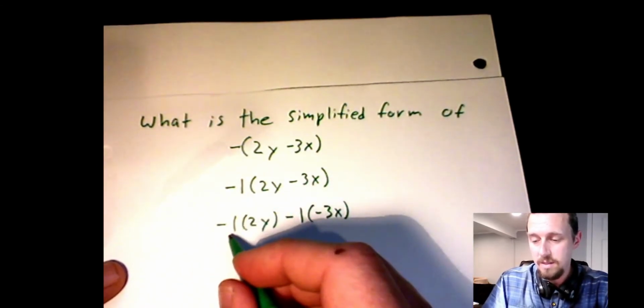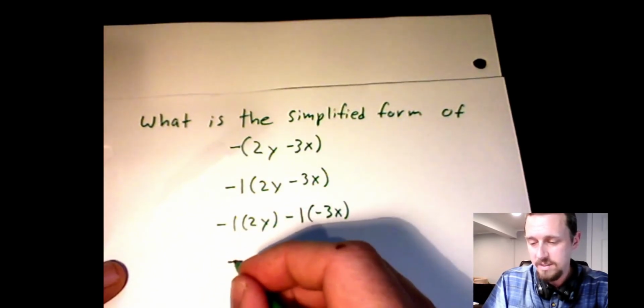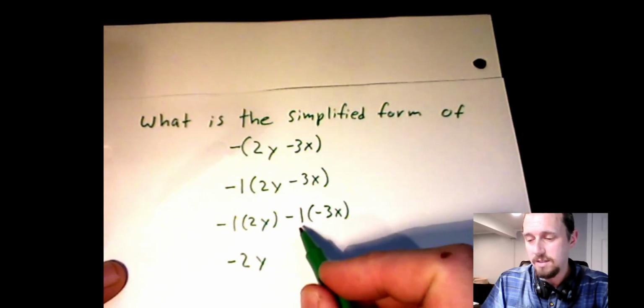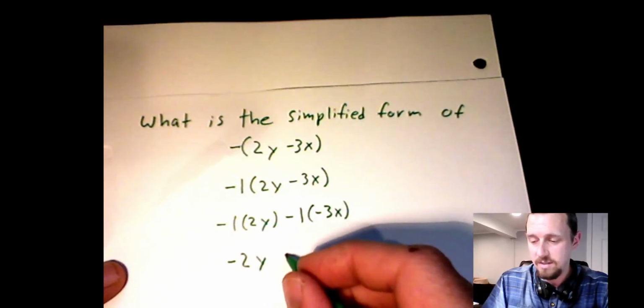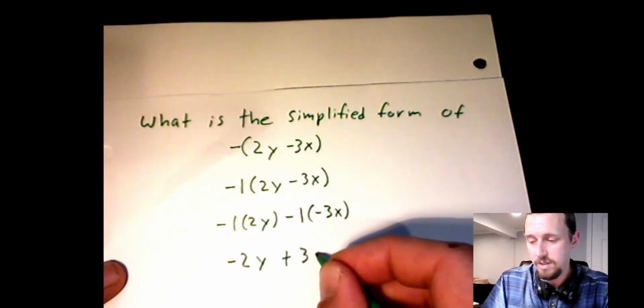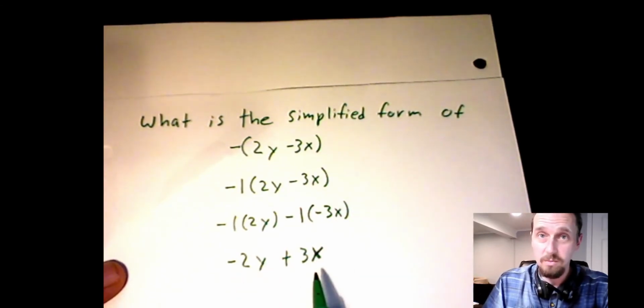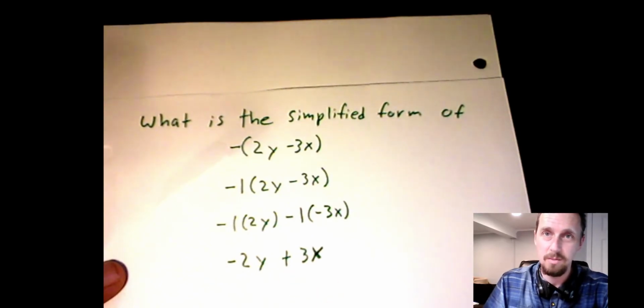Negative 1 times quantity 2y is negative 2y, and negative 1 times quantity negative 3x is positive 3x. And now I have no like terms, I have no parentheses, and so my expression is simplified.